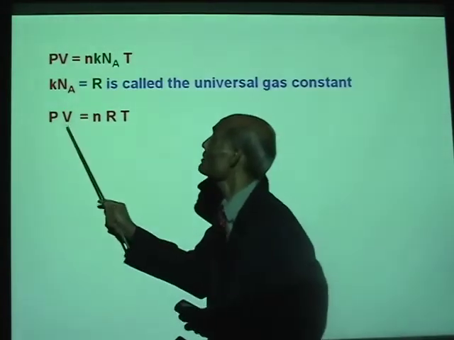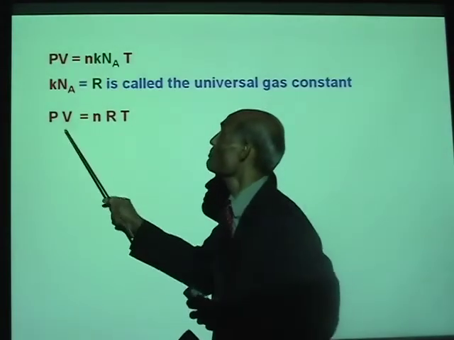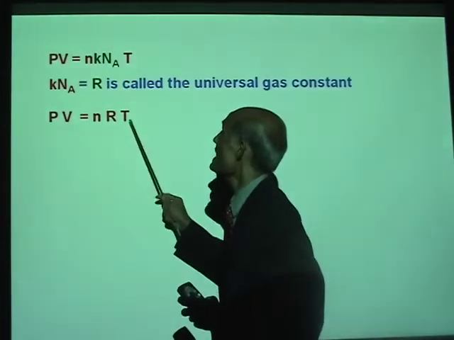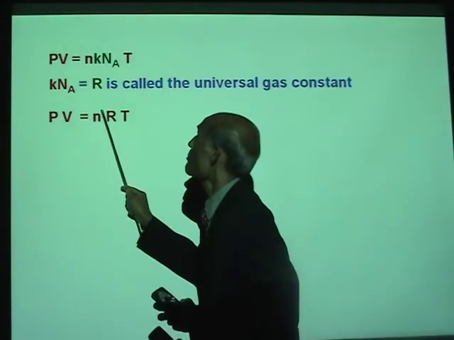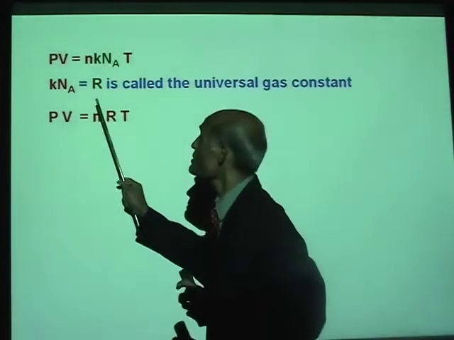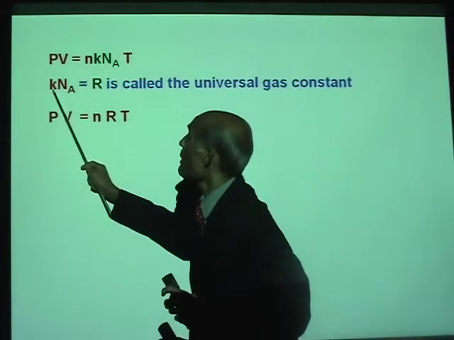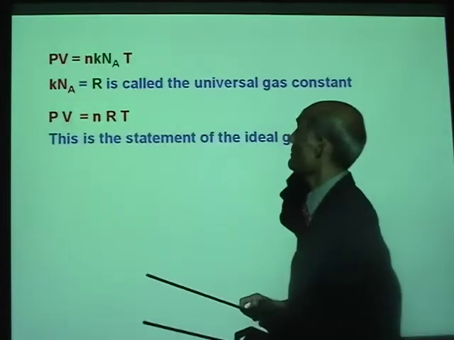And look at the way that therefore we can write the universal gas equation. PV equal to nRT, where n is the number of moles of the gas, R is the universal gas constant, which is Boltzmann constant multiplied by the Avogadro number.